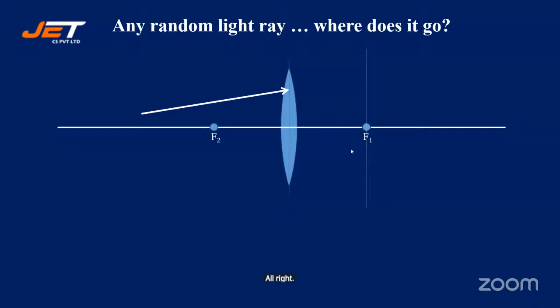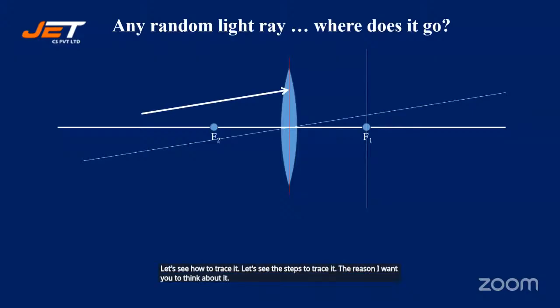So can you tell me how does it go? Let's see how to trace it. Let's see the steps to trace it. The reason I want you to think about it, read the textbook and think about it, we'll discuss in the next session. But right now, I'll show you the steps to trace the refracted ray after it passes through the lens.